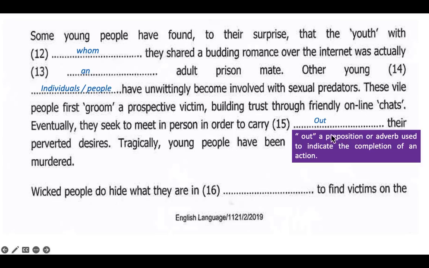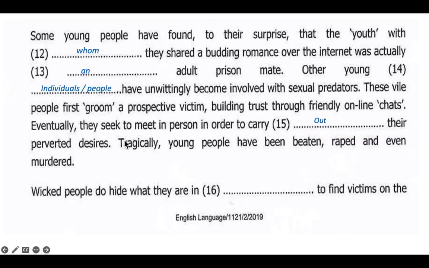Out is a preposition or adverb used to indicate the completion of an action. But when you say carry on, it means the activities are in continuation, not showing a completion. Therefore I use out to show a completion of an action.